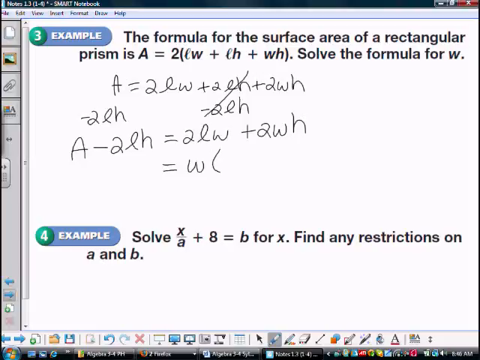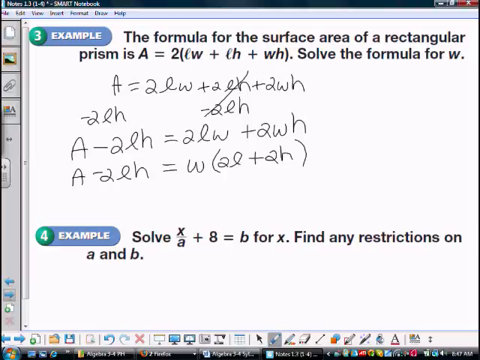I factor the W from both of those terms. So W times 2L would give me 2LW plus W times 2H will give me 2WH. And now the W is just multiplied by something.